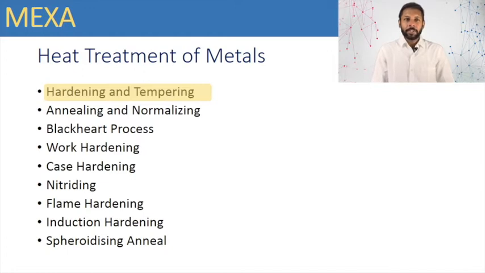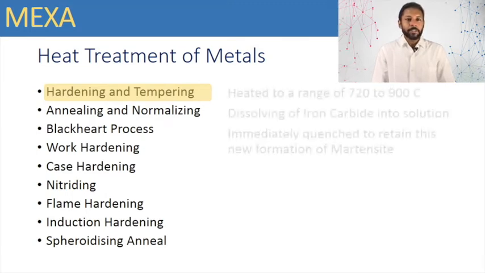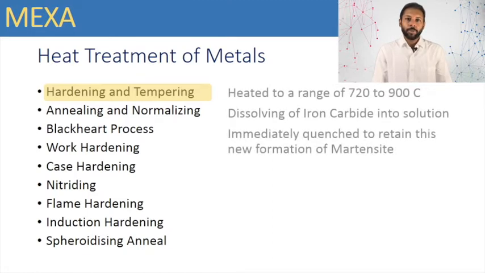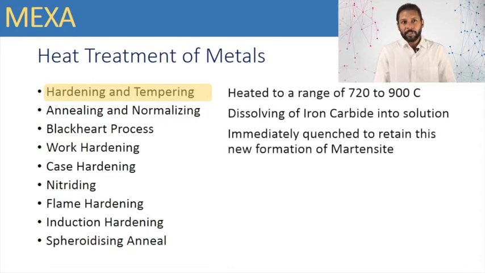At the upper critical temperature range, that is 720 to 900 degrees centigrade, in the solid state, the iron structure formed has the ability to dissolve the iron carbide into solution, forming a new structure. If at this stage the steel is suddenly quenched in water, the iron carbide will remain in solution in the iron, but the iron structure will have reverted to its original form.